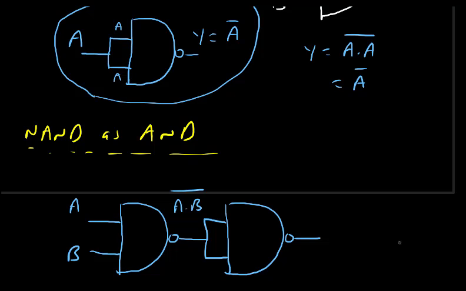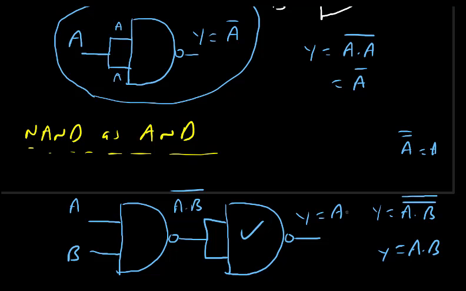So Y is A dot B bar, and because of this NOT gate, it is complemented again. The complement of a complement is the variable itself, so the double complement of A is A. In the same way, A dot B double bar is A dot B. So Y is A and B. Input is A, B, output is A and B. This becomes an AND gate. So this is how NAND works as an AND.